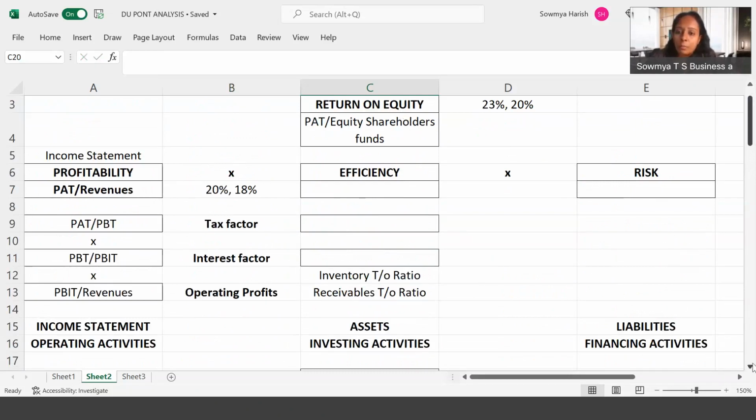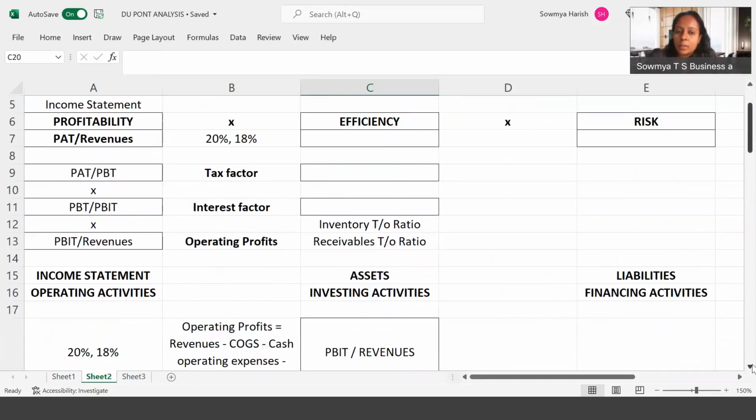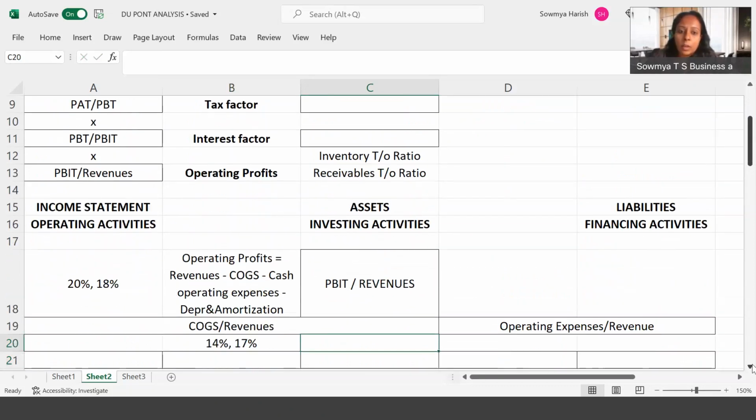So with this process, you can easily get to know what has influenced. Increase in cost has decreased your operating profits, decrease in operating profits has decreased your profitability, and decrease in your profitability has reduced your return on equity. So this is how we try to relate each other and know the root cause.